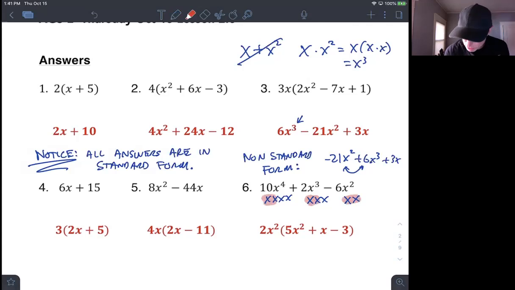Here I've got 2 x's with 2 left over. The leftover parts are what's left over. And there's nothing left over here. Does that make any sense at all? What questions do you have on that one?